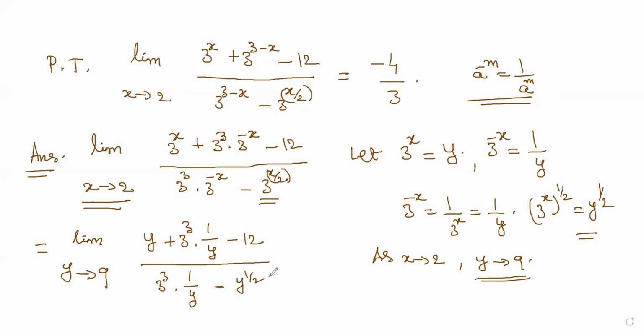To cancel the 1 by y part, I multiply with y on the numerator and denominator so that the value will not change. That will be the next step.